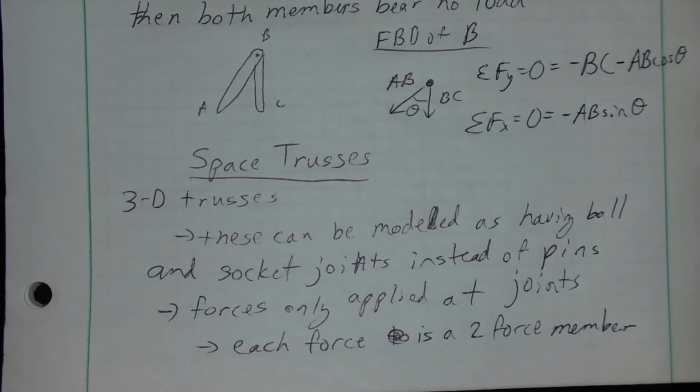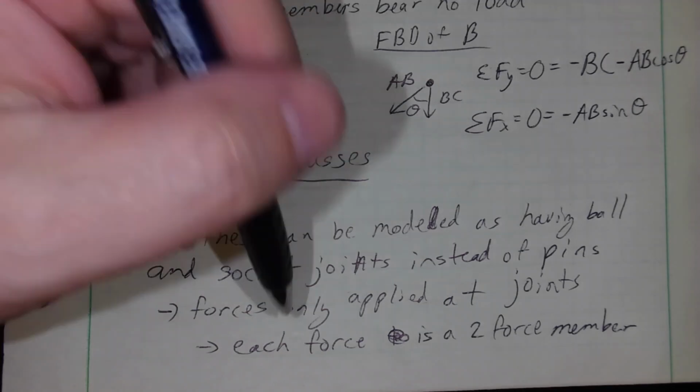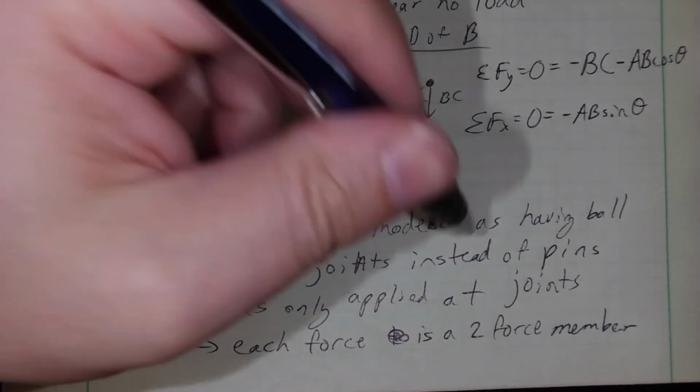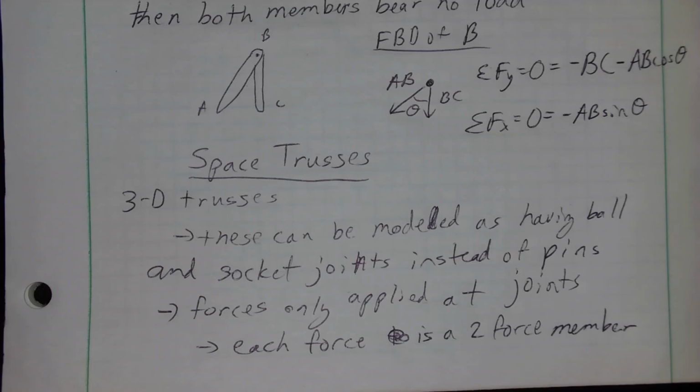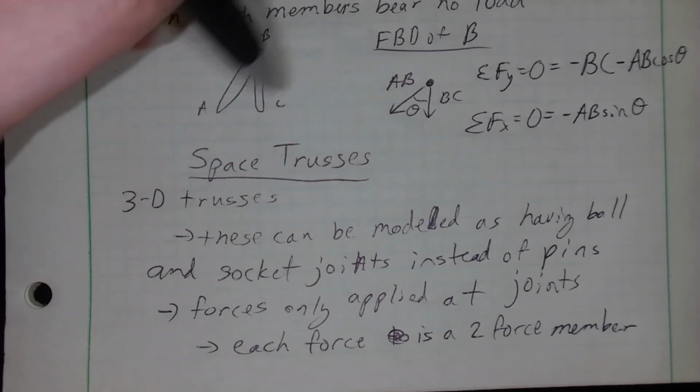So you have either tension or compression directed along the axis of the member, and just then attached at ball and socket joints. So instead of having an X, Y, and Z component, you know the direction of force. It's just simply in the direction of the members that are attached at the joints. So it works just like a 2D truss.